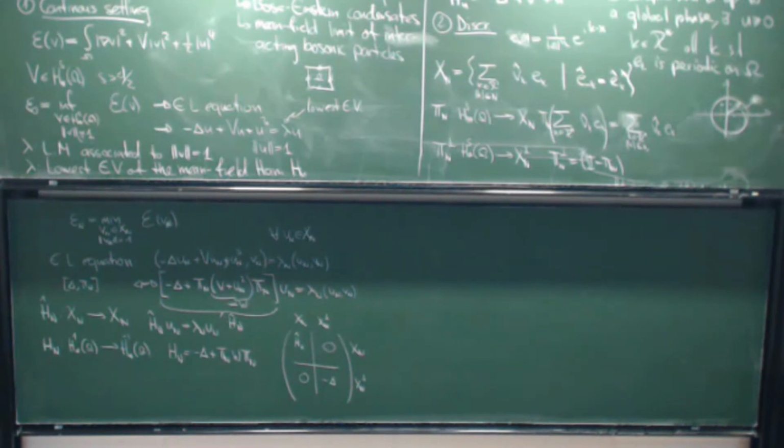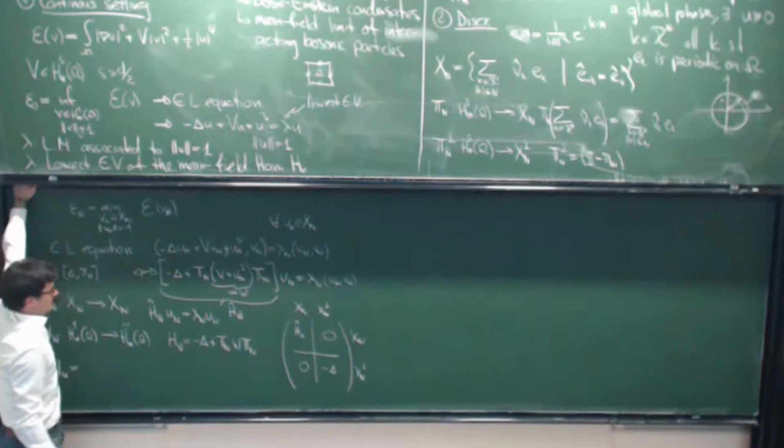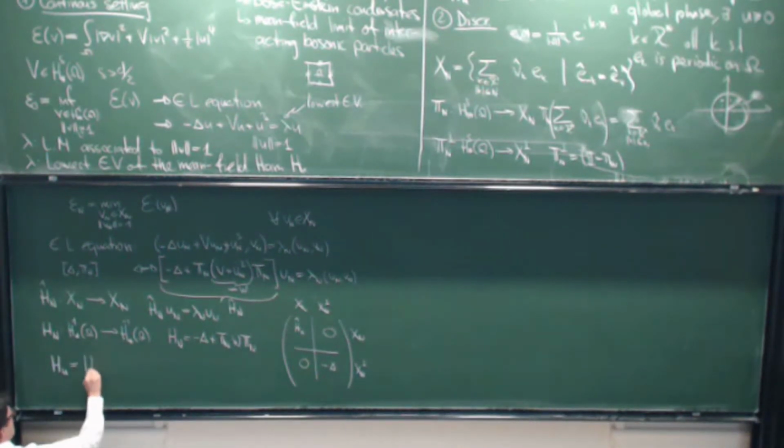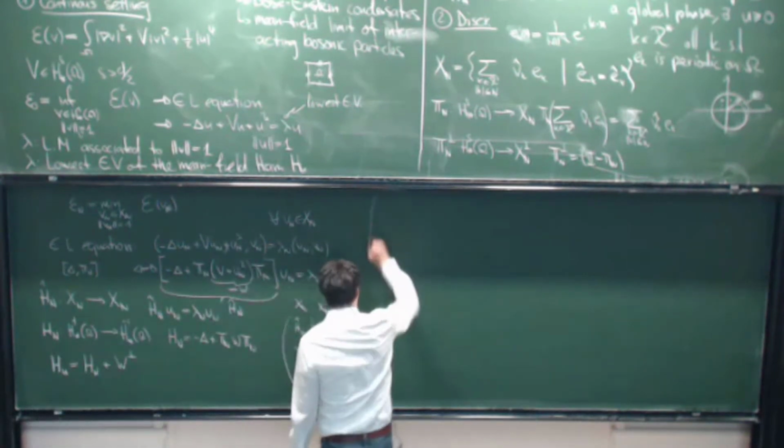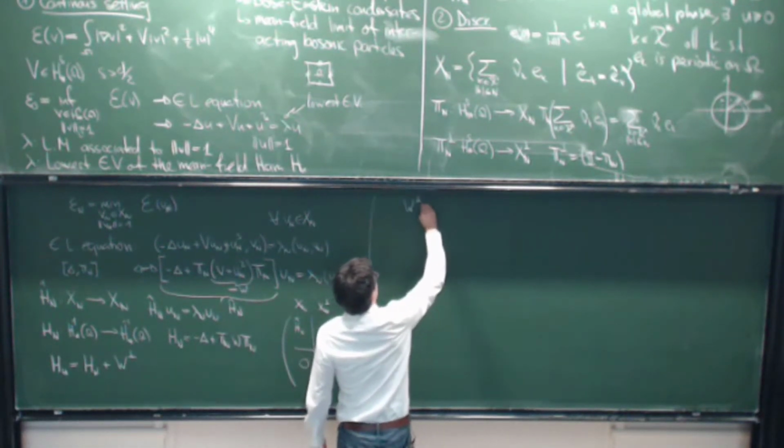So now, since we have this extended to a larger space, we can ask the question, how do they relate? The key idea is to say that the exact mean field Hamiltonian is Hn plus a correction which I call W perp. Now you can do the math and quantify what W perp is.